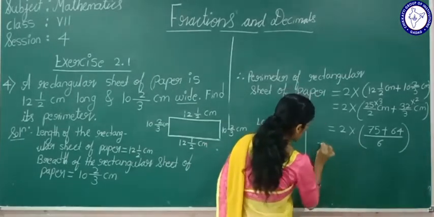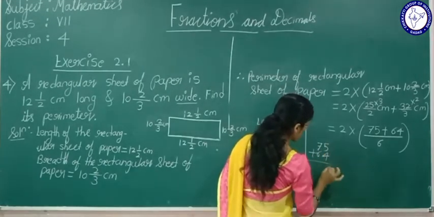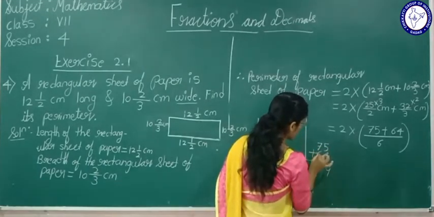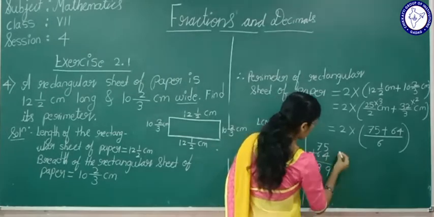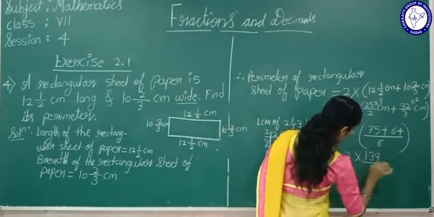See here, 5 plus 4 is 9, 7 plus 6 is 13. So 2 multiplied by 139 divided by 6.